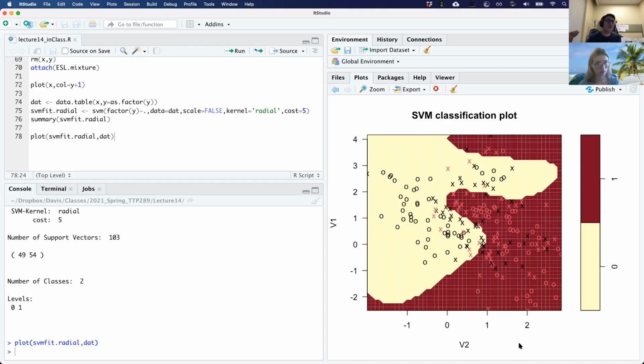So in general, I believe the higher the cost, yeah, I think it corresponds to having a larger slack.